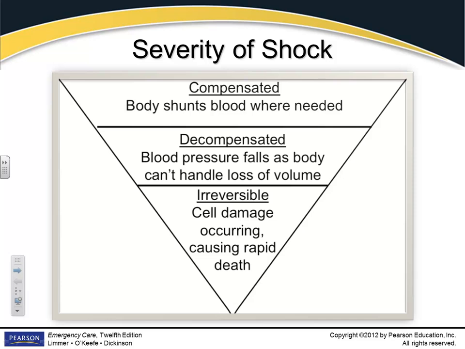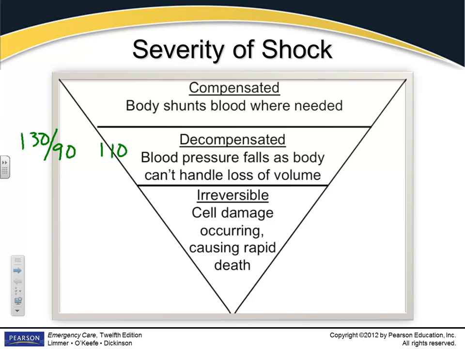Questions about that? So if I give you a set of vital signs, say your patient started out at a blood pressure of 130 over 90 and the pulse was 110.